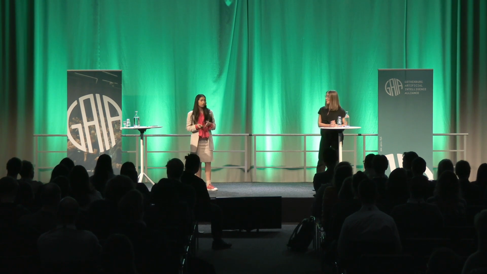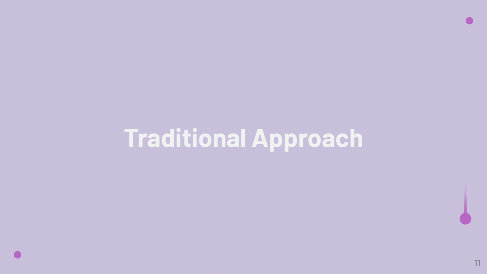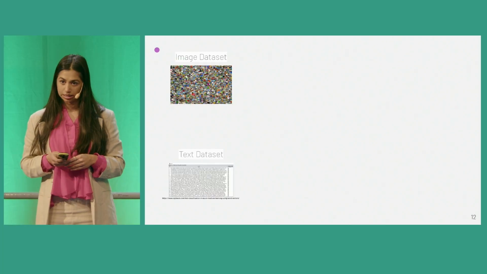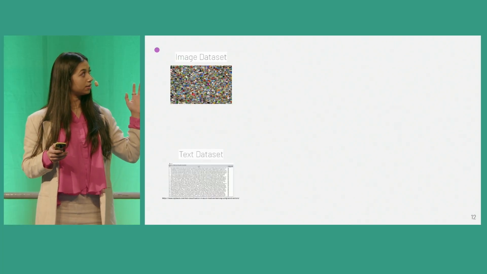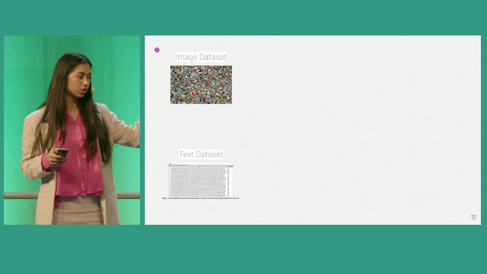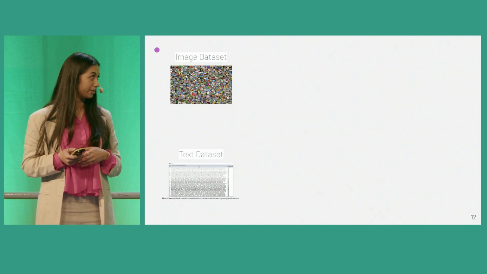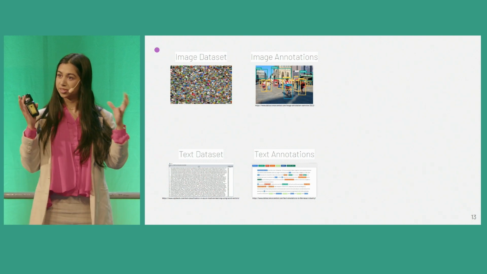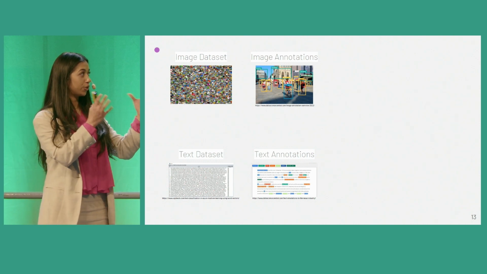So, without further ado, we looked into how event detection systems are traditionally developed today. And what we found was the following. Imagine having two data sets of different modalities. The first step, if you want to conduct event detection on them, is of course to create annotations that are customized for the specific task and modality.